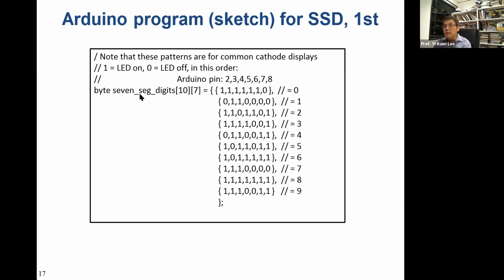That means the seven-segment digit is actually an array. The first dimension is 0 to 9, so you have 10. The 7 means we have 7 LEDs, 1, 2, 3, 4, 5, 6, 7. That's why we have this matrix: 7 here and a total of 10, so the 10 by 7.